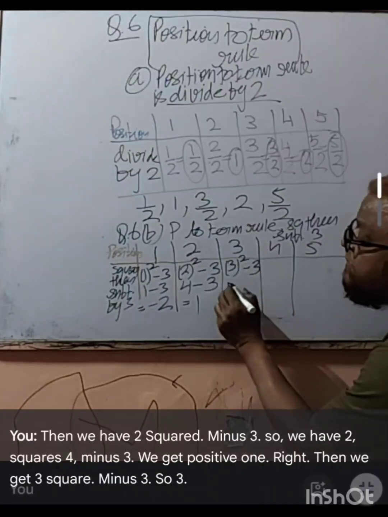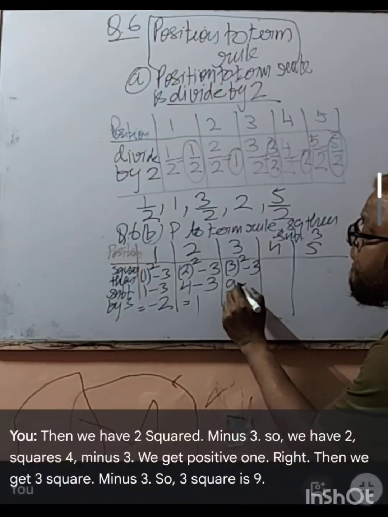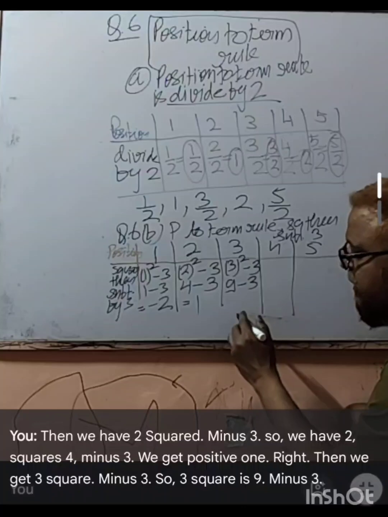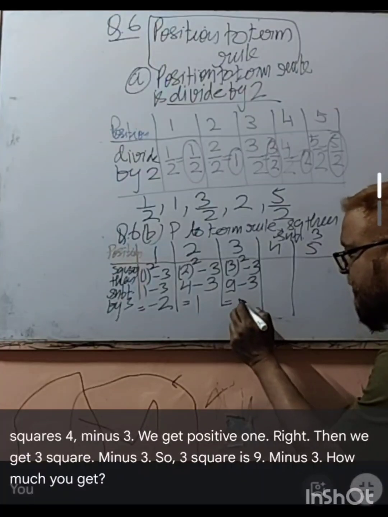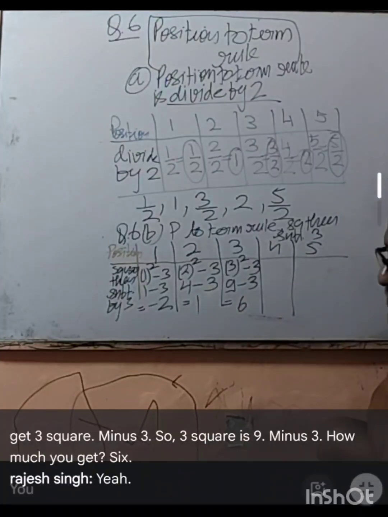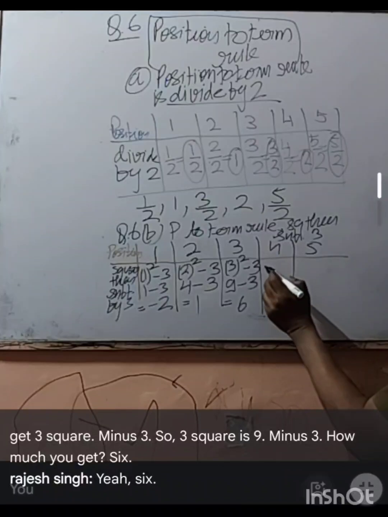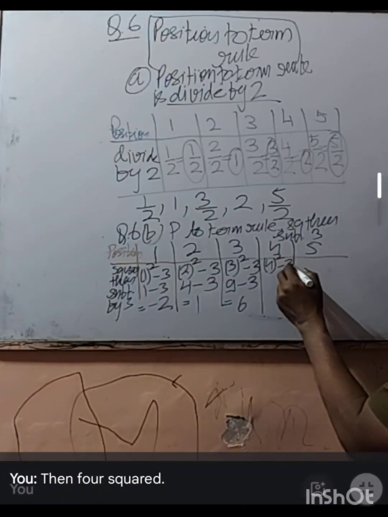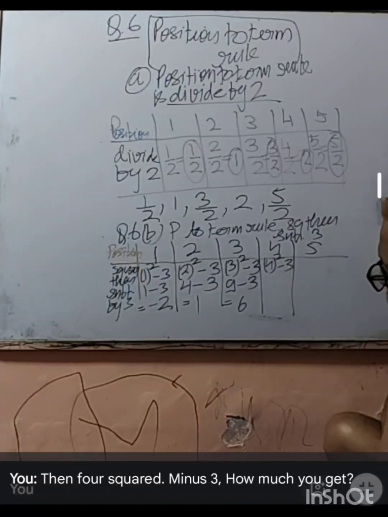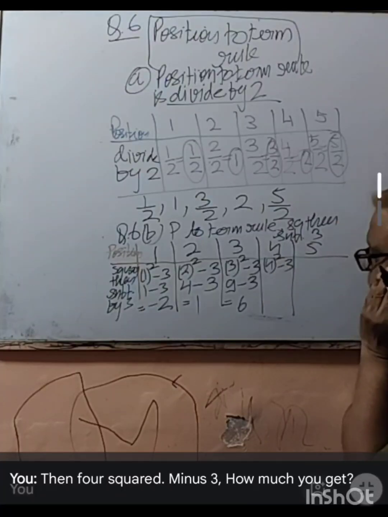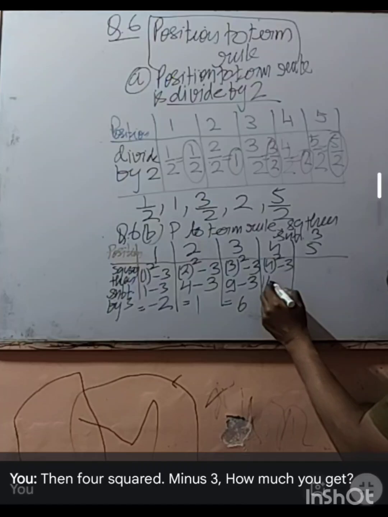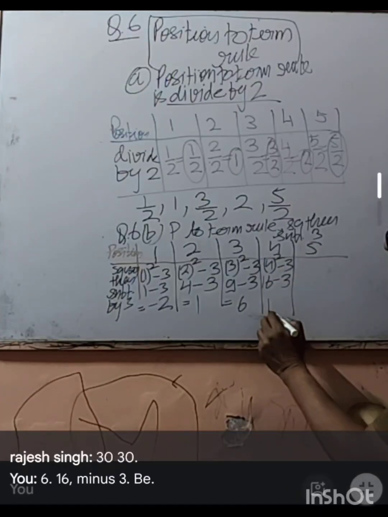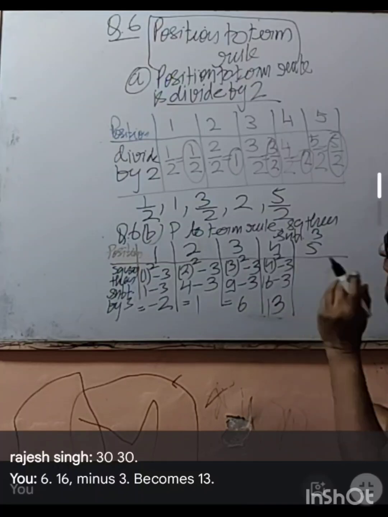So 3 square is 9 minus 3, we get 6. Then 4 square minus 3, 16 minus 3 becomes 13.